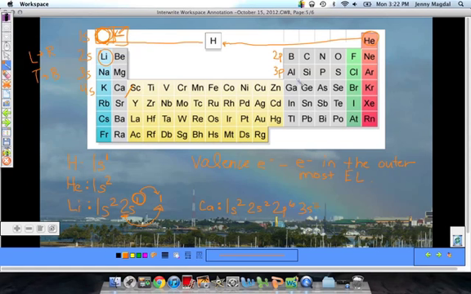And across, 3p6. And then down to 4s2. And I'm complete now. I'm at calcium with my 4s2. I have 2, 4, 10, 12, 18, 20 electrons total.